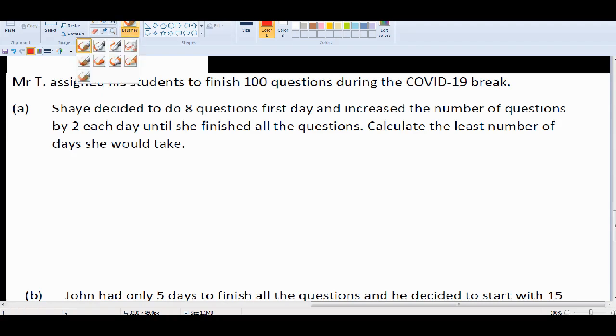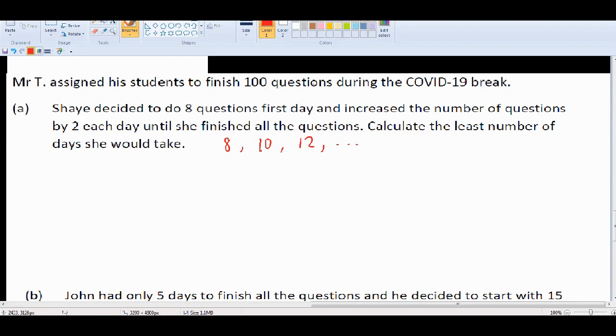So we know Shrey is a very diligent student, and she tried to increase the number of questions by 2 each day. So that means the first day she's going to do 8, second day 10, third day 12. Calculate the least number of days she would take. At least how many days she would finish the 100 questions.